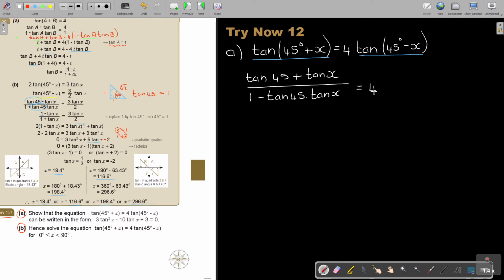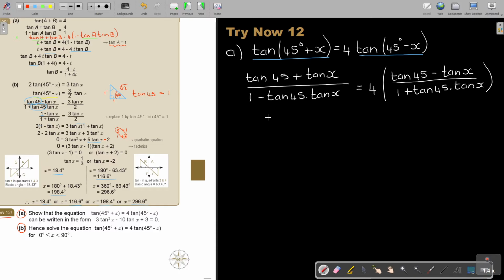Don't forget your 4, put a bracket. Do exactly the same, but now be careful, it's negative. So it's tan 45 minus tan x, and it's over 1, opposite sign, plus tan 45 tan x.